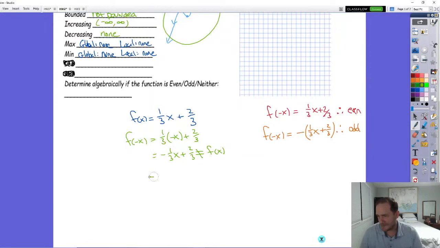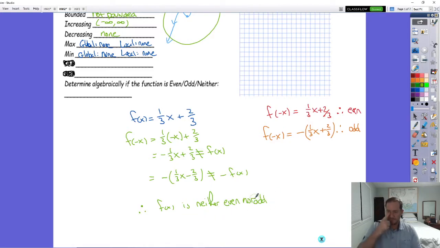And if you go to factor out that negative, we can clearly state that that is not equal to the opposite of f of x. Therefore, f of x is neither even nor odd. There's your algebraic proof.